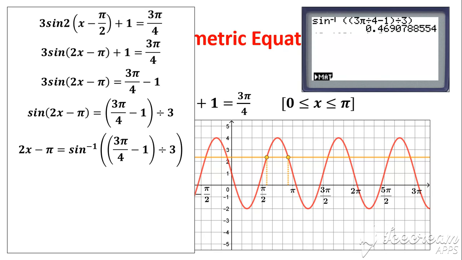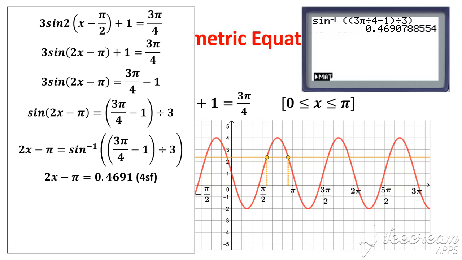I need to go shift sine, bracket, bracket, 3π divided by 4 minus 1, close bracket, divided by 3, and that gives me 0.46907885554. So I'm going to say 2x - π is equal to 0.4691. I've rounded to 4 significant figures.